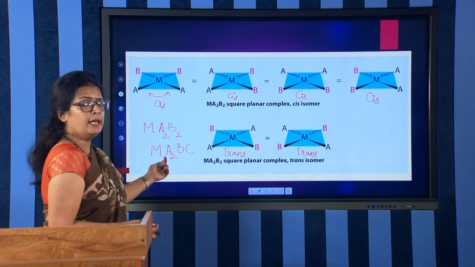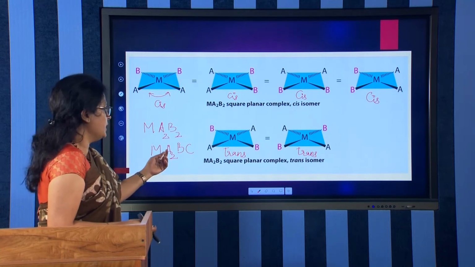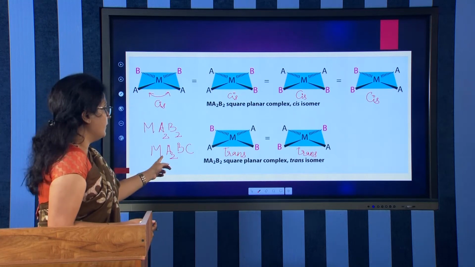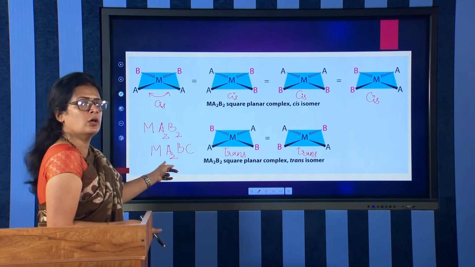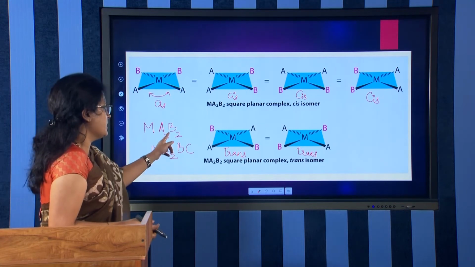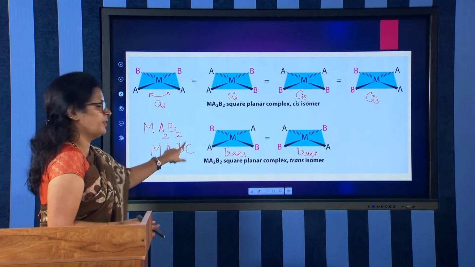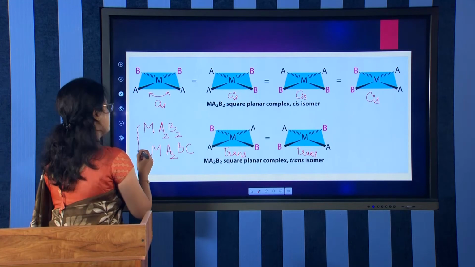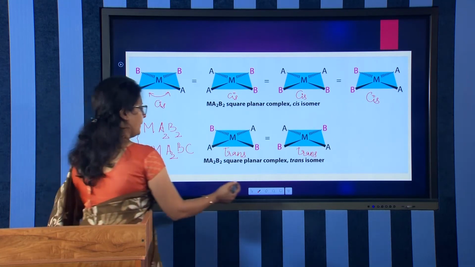Since two similar ligands are there, A, if these two similar ligands are on the same side, I will call it cis. And if these two similar ligands are in an opposite position, I will call it a trans isomer. The difference is that here we have identical ligands, here it is different ligands, B and C. But these two forms will show similar geometrical isomerism like cis and trans forms.